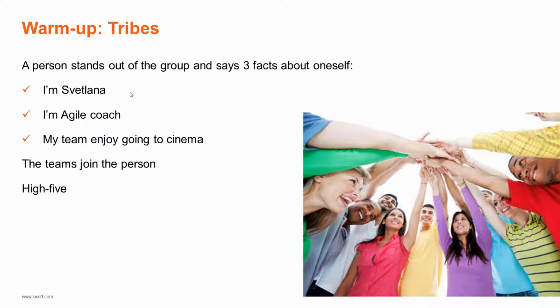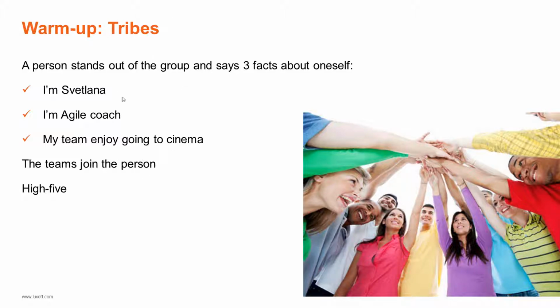Every person stands out of the group and says their name, their position, and their hobby or something that this person likes doing, and then says, okay, who also does this? It means that these people will become his or her tribe.